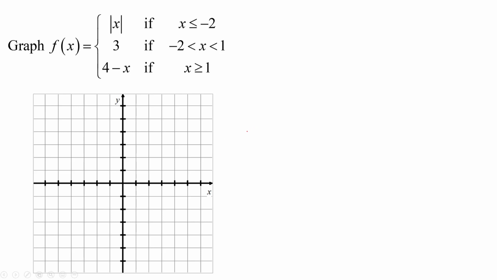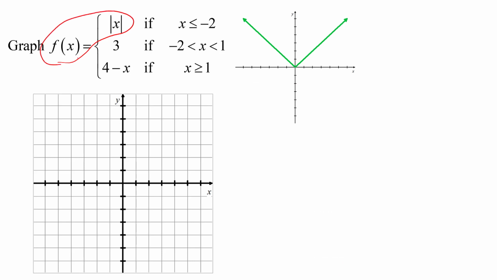So let's start with looking at f of x equals absolute value of x. And here we have that graph. We're only interested in the part of this graph where x is less than or equal to negative 2. So right here on my graph, I'm going to put a dot where x equals negative 2. And then we're wanting x values less than that.